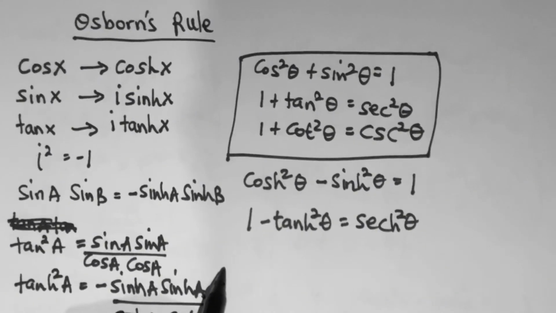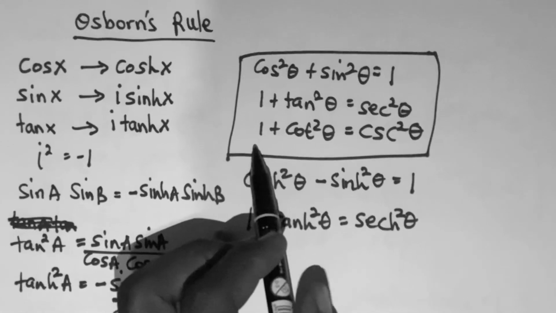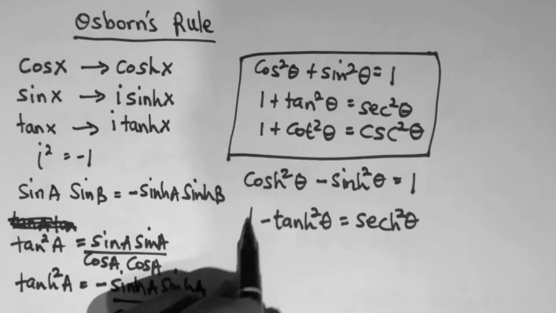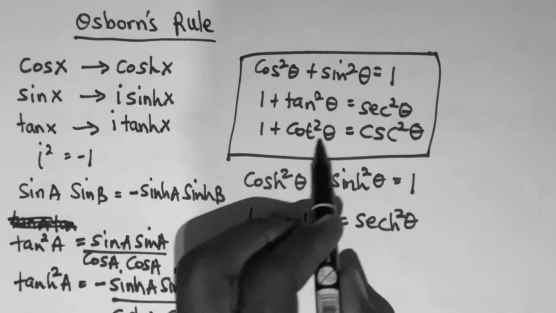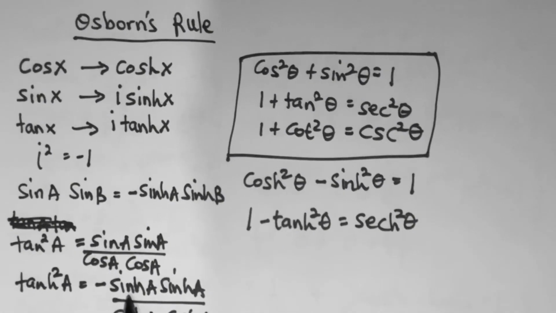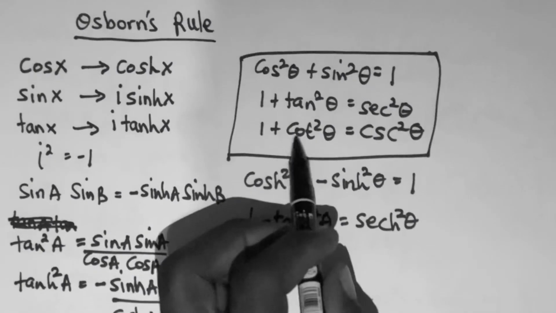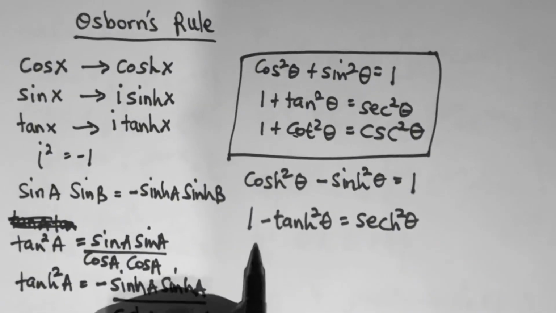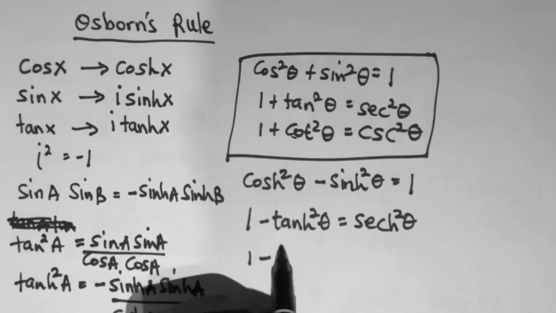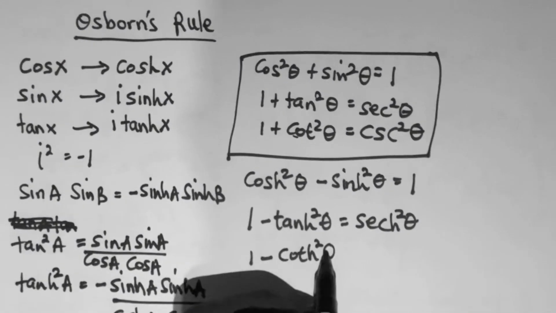Now let's come to the last one, which is this. So this is 1 plus. Now cot is the same as 1 over tan. But we know that there is an implied product of sine functions in the tan function. So since here is cot, then it becomes 1 minus the hyperbolic coth squared theta.